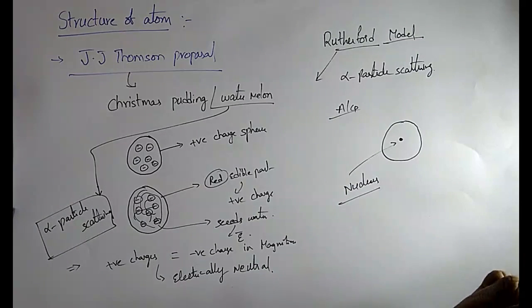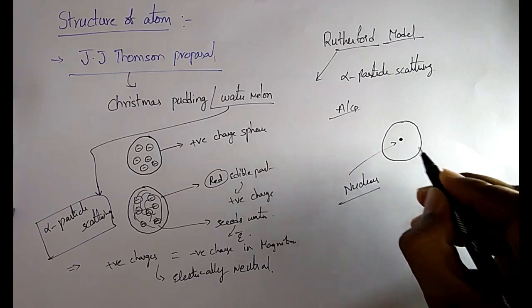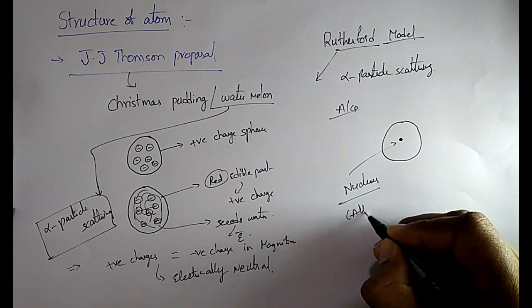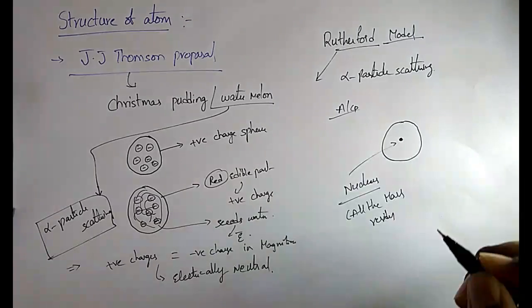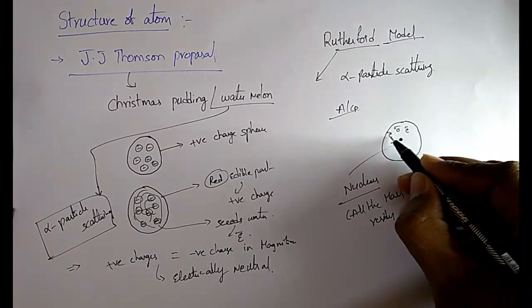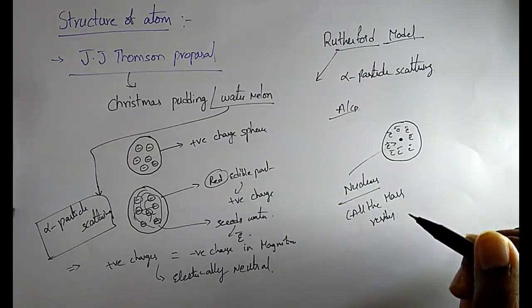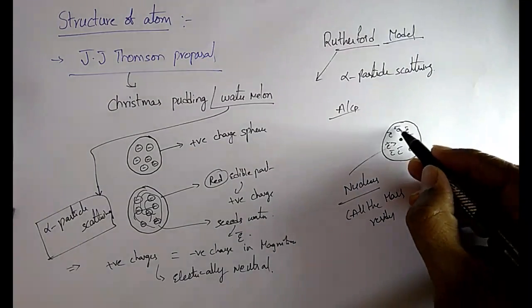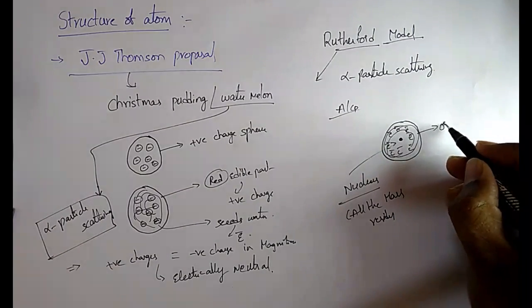The center of the atom is called the nucleus, and all the mass resides in this nucleus, and all the electrons revolve around the nucleus in well-defined orbits.